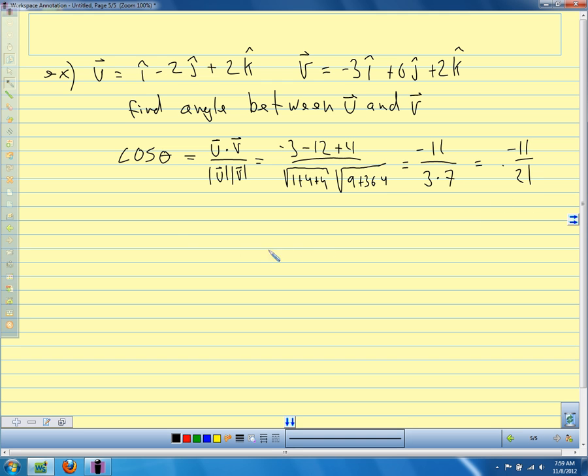And theta would be the inverse cosine of minus 11 21sts, which turns out to be about 121.6 degrees. So our dot product ended up being negative, so our angle is obtuse. And that's all there is to finding an angle between two vectors.